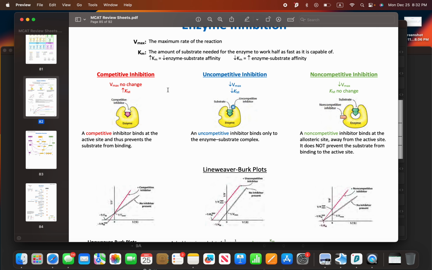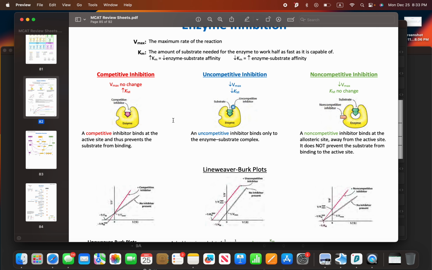If the competitive inhibitors are sitting at the active site, then yes, some of the cars are full, right?